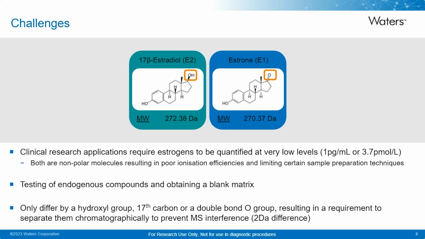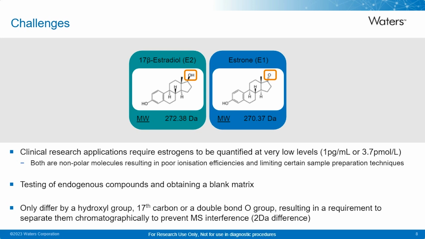Also, the fact that the estrogens are endogenous presents challenges analytically, such as obtaining a suitable blank matrix, and also performing the required method verification tests, such as the matrix effect tests.